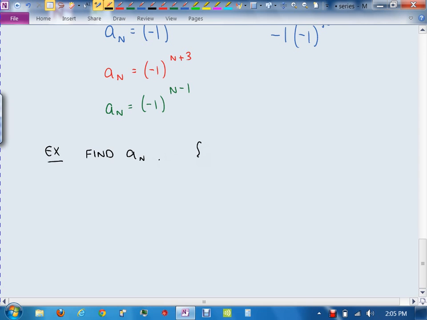So here's the sequence. 3 over 2 minus 5 over 4 plus 7 over 8 minus 9 over 16, and so on forever. I'll give you a second to try and figure this out.